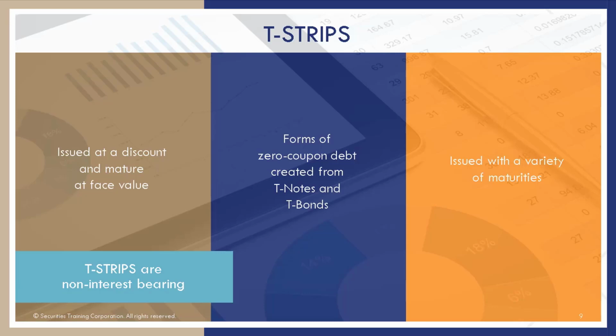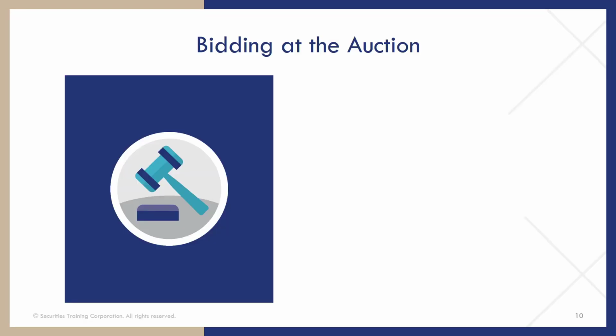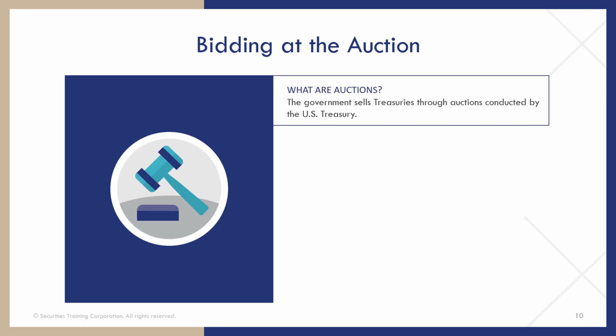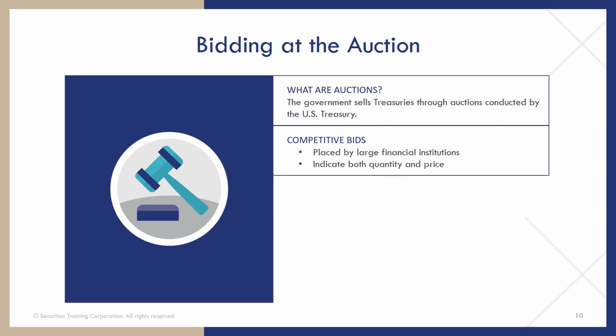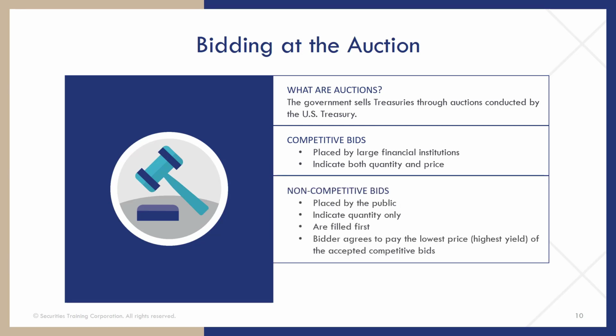Now, how are the T-bills, T-notes, and T-bonds issued? As we stated, they are issued in an auction. So the government sells treasuries through periodic auctions, which for T-bills is generally weekly. For T-notes and T-bonds, it's as announced. Now, when they auction them off, they get competitive bids and non-competitive bids.